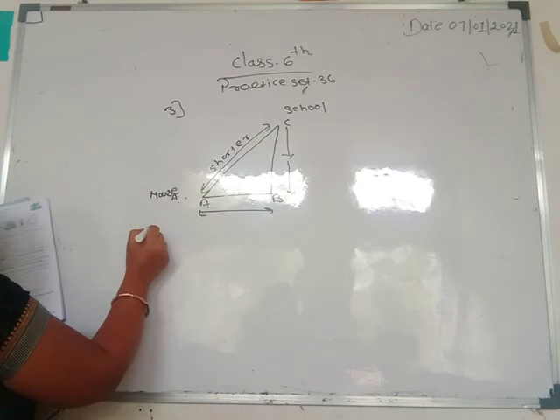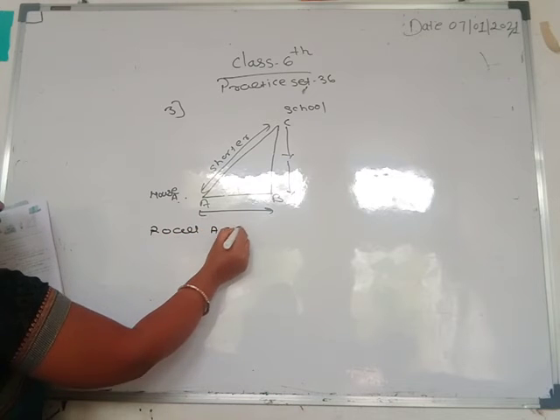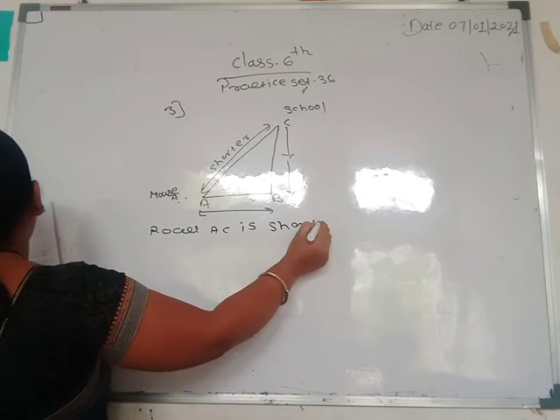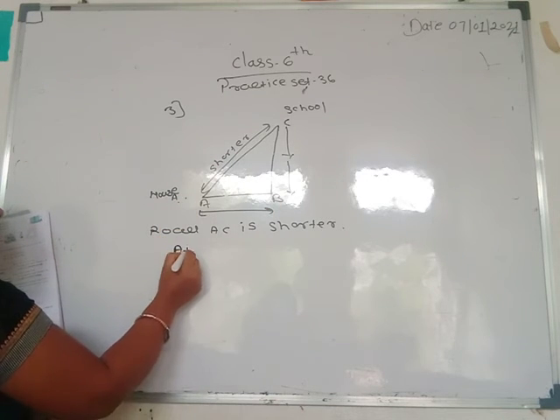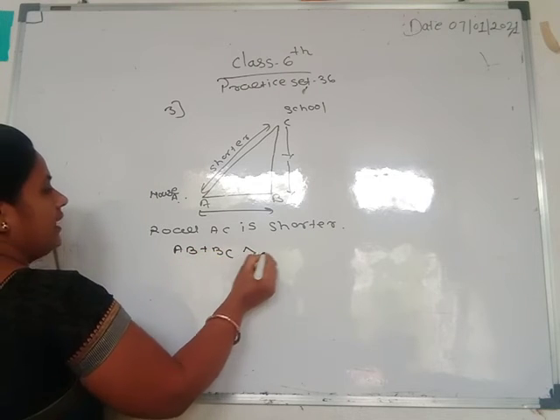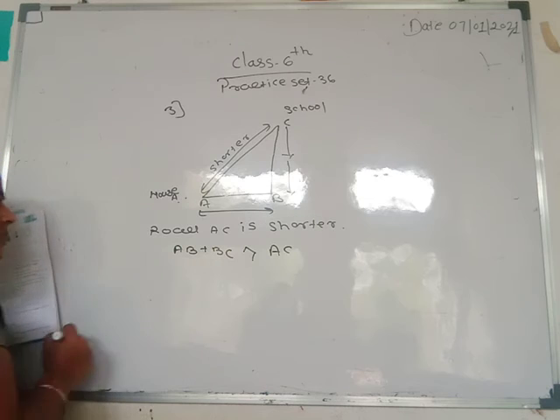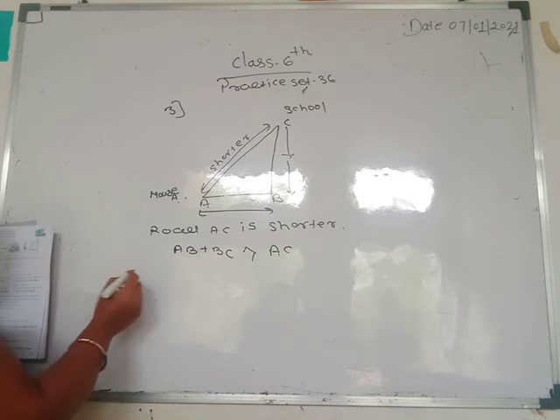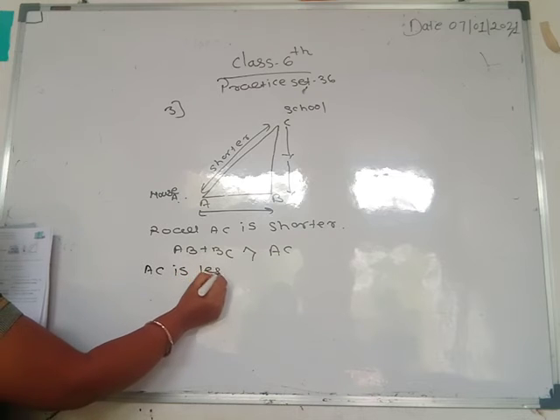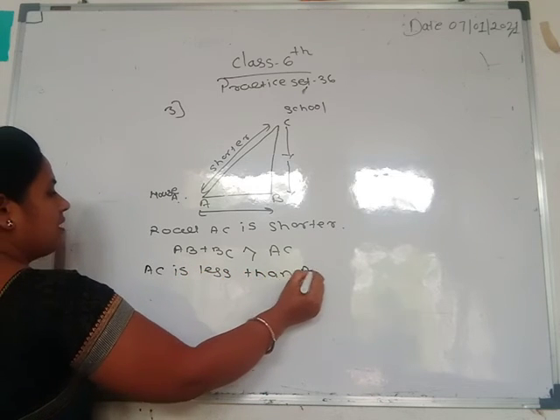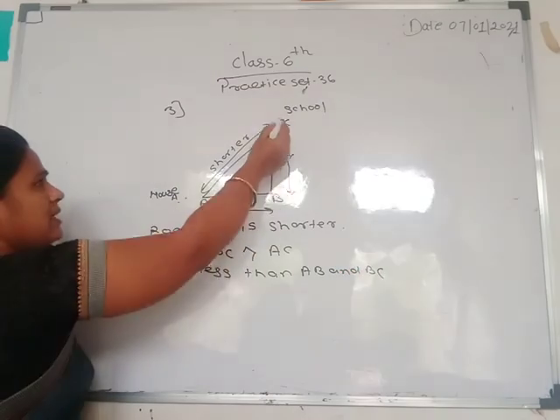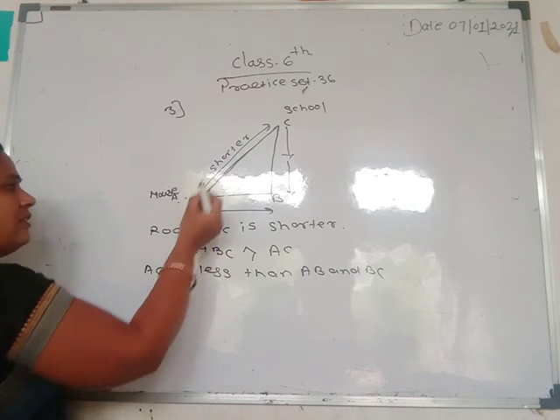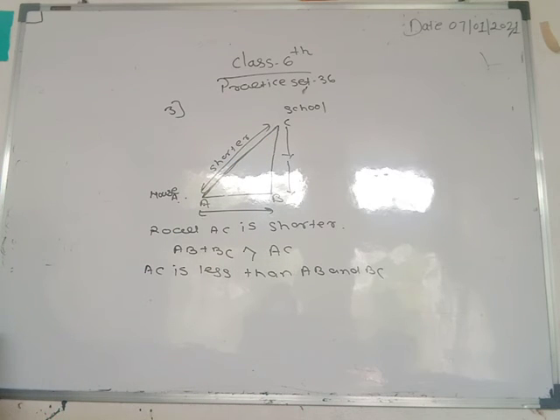Road AC is shorter. Write the answer: Road AC is shorter. By the property of a triangle, AB plus BC is greater than AC, so AC is less than AB and BC together. Here there are two roads, AB and BC, but here only one road, AC. Therefore AC is the shorter road to go to the school.